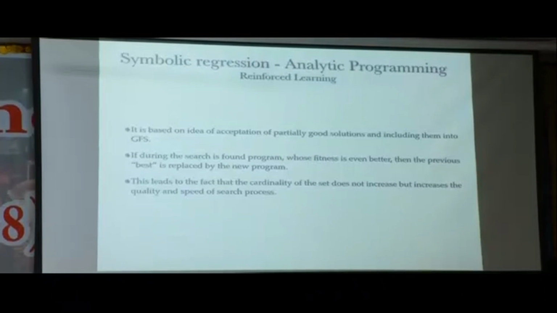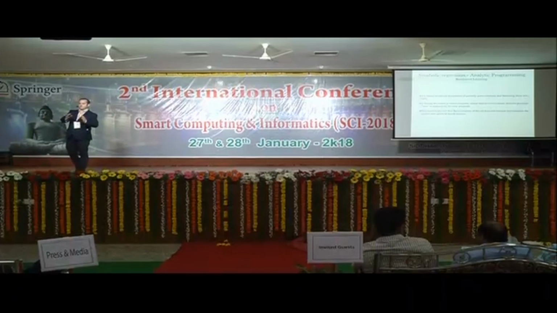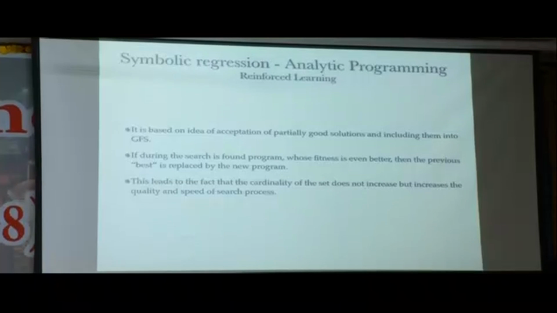We are also working with reinforcement learning. What does it mean? For example, if you synthesize some formula which looks good, meaning it seems to be on a good way to a solution, why not use this good formula as a member of the general function set?